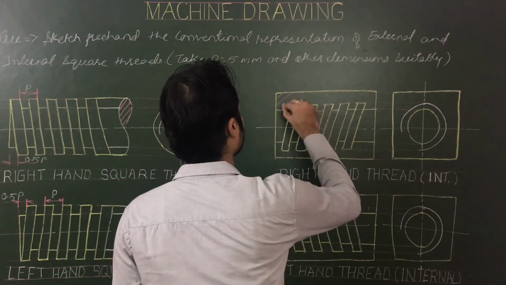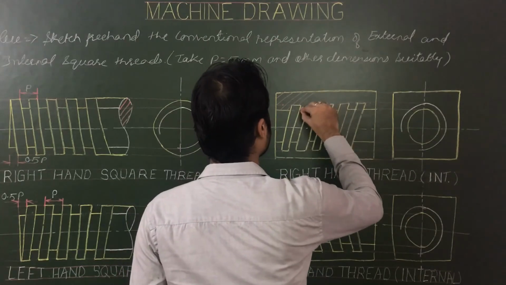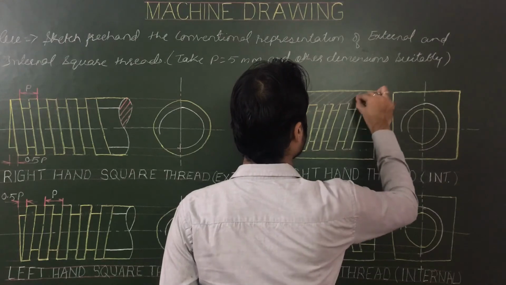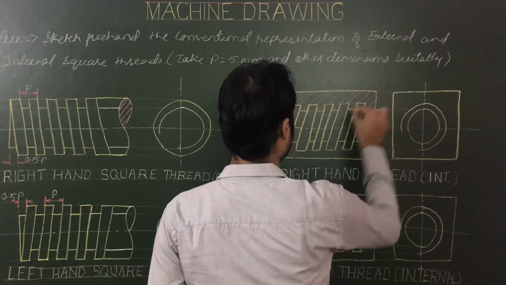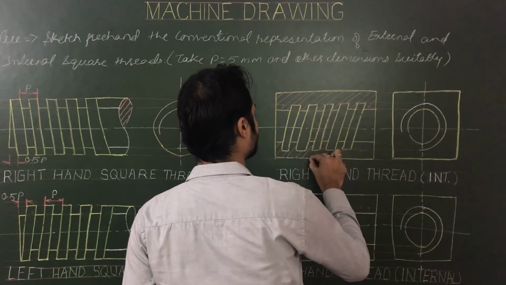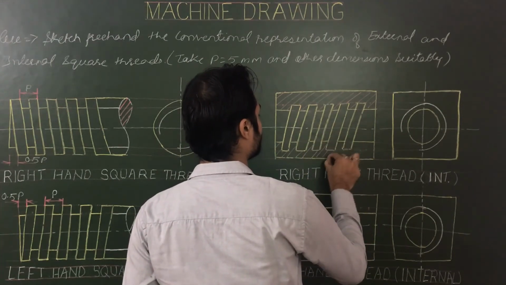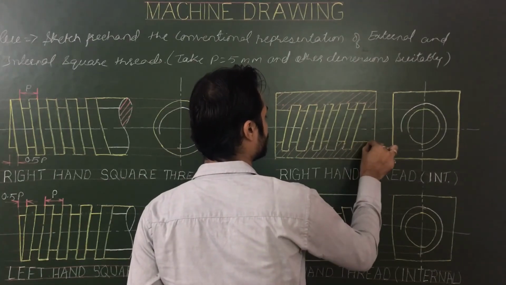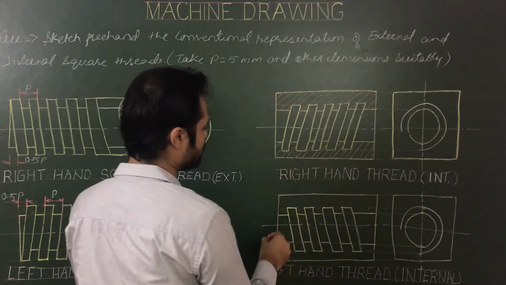After all, one last missing element. Please hatch this part for internal representation. Please hatch this part in both left and right side. So draw hatching lines parallel to each other, and please maintain common gap or distance between 2 lines.